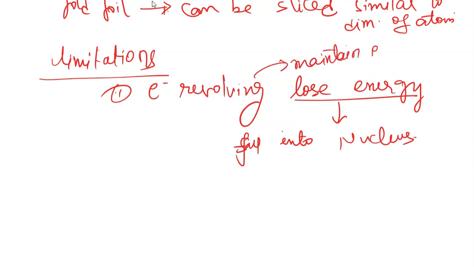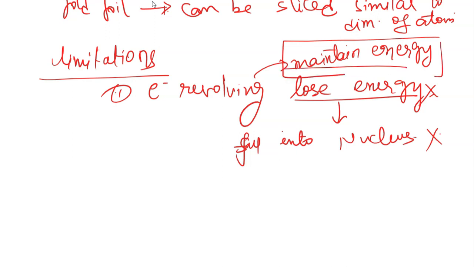If they could maintain energy, they would not lose it, and if they don't lose energy, they will not fall into the nucleus. So who gave the concept of electrons maintaining energy in a particular orbit? That was given by the scientist Bohr.